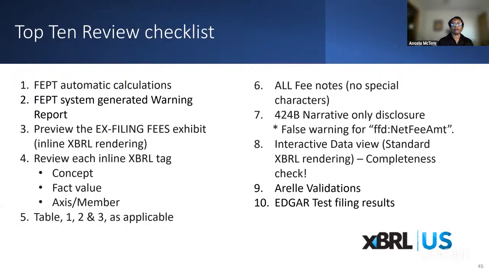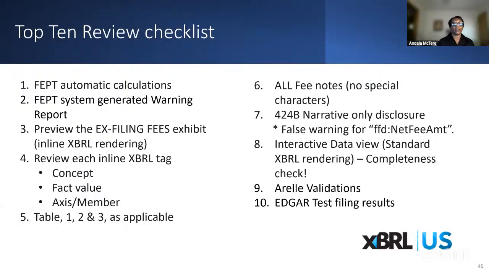You want to make sure that you're previewing the inline XBRL rendering. You want to confirm that everything is as you entered it into the table. So you want to make sure that your tagging is correct. Review each inline XBRL tag, so you're looking at your concepts, your fact values, and your axes and members.